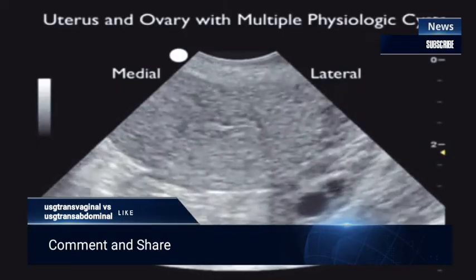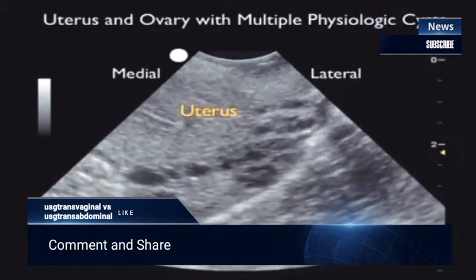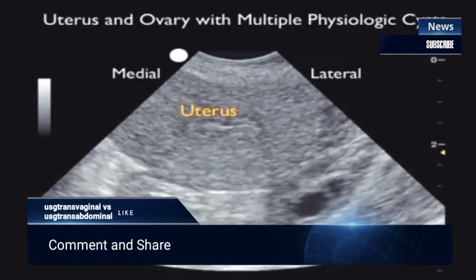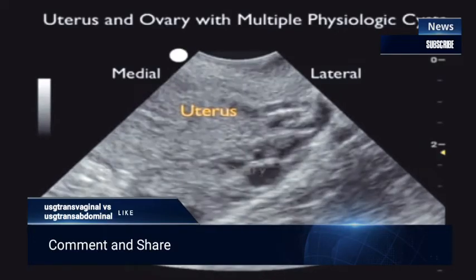Here's an ultrasound image showing a normal uterus and a normal ovary with small physiological cysts. We're scanning here in the short axis configuration, so the uterus is seen towards the midline. As we scan out to the lateral aspect, we can visualize another structure, which is the ovary. Notice that this ovary has multiple small, dark, or anechoic little cysts known as small follicular cysts.